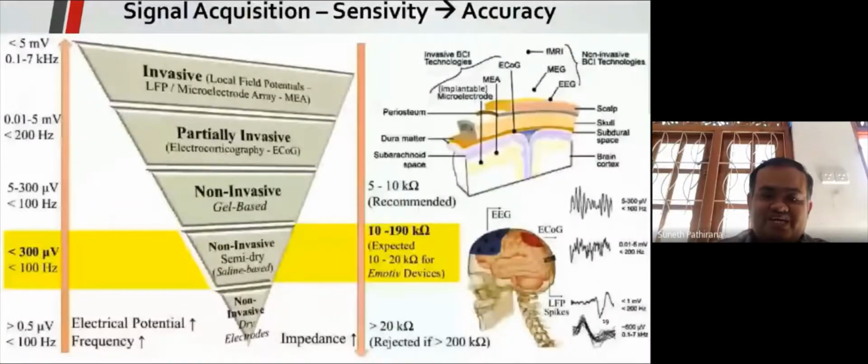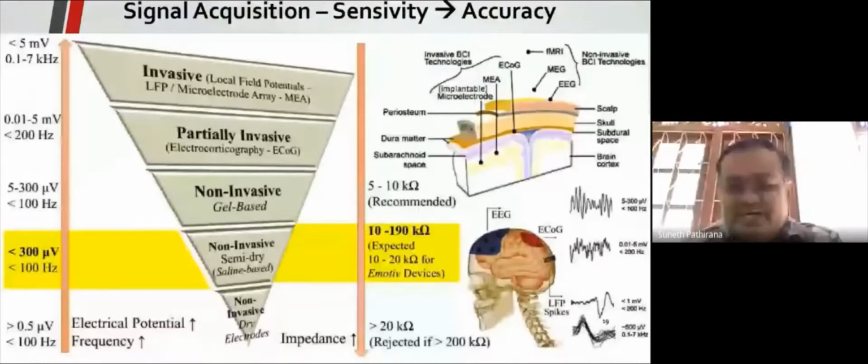We are not in a position to discuss the intermediate layer between non-invasive and invasive approaches. That is partially invasive. Some people recognize electrocardiography, ECoG, as a partially invasive technique. And the invasive ones are MEA or LFP. LFP means the local field potential.